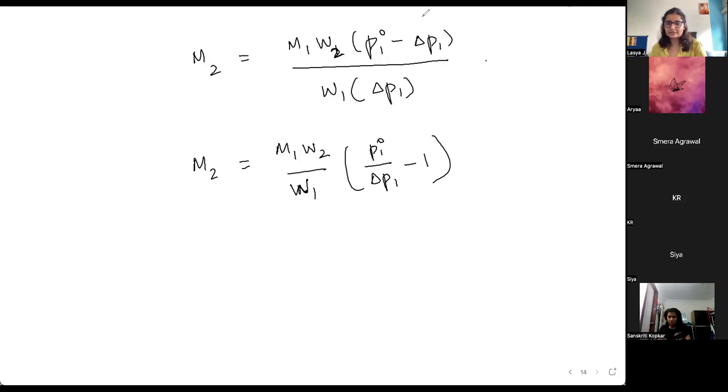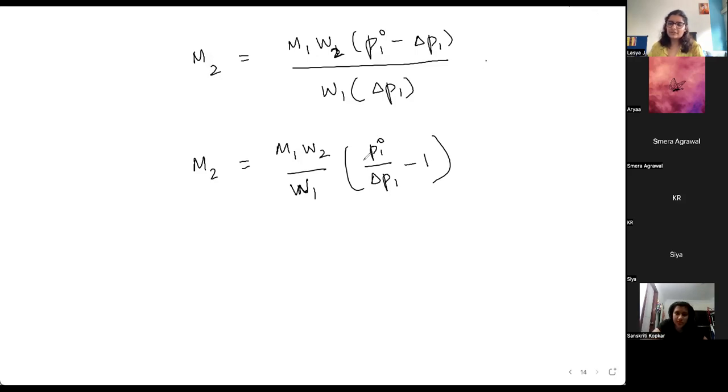Yeah, but wasn't it like this, 1000 by something? It was 1000 M1 by W2 because it was in kg. Yeah, but the P naught part was not there in it at all. Only M1, W2, W1, M2, and then by 1000 or something.